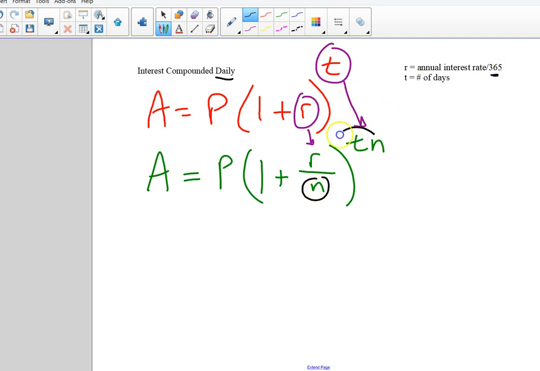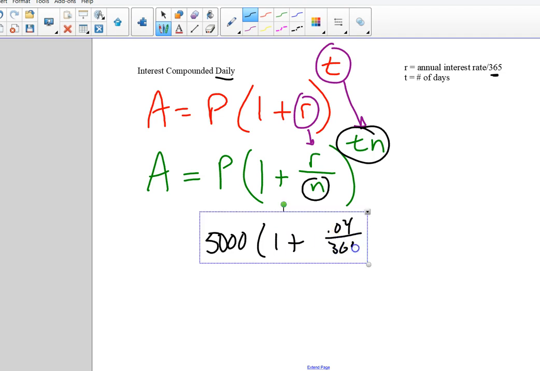And then the number of times you compound it would be the number of years, which is t, times the number of days in a year. So 365 times t. In our last problem, it would be 5,000 and then 0.04 over 365, which is a small number. That's the daily rate, and then we add it to 1, and then we raise it to the 10 times 365, or 3650.